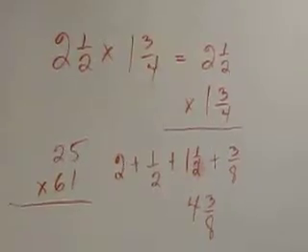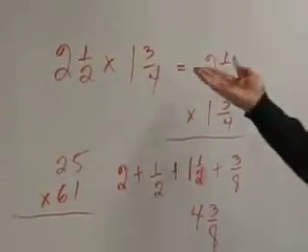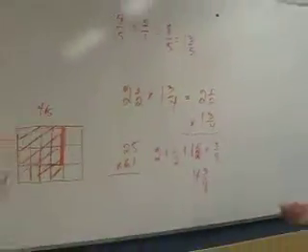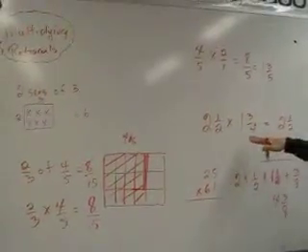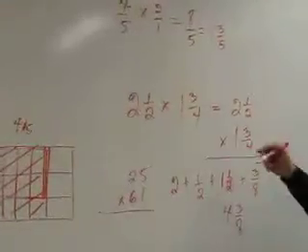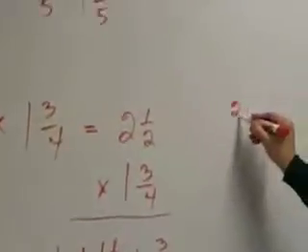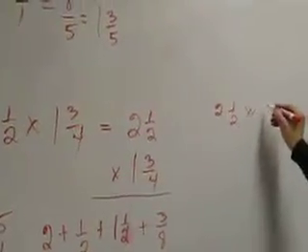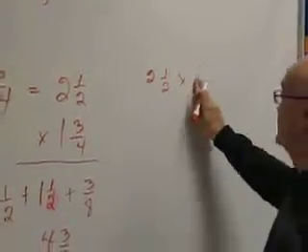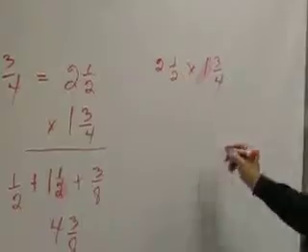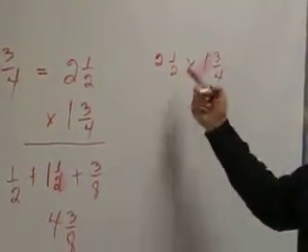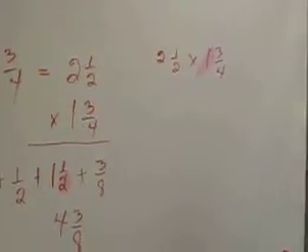Okay, so that's one method of multiplying rational numbers that happen to appear in mixed number form. Let's look at a second method of doing the same multiplication. I'm going to take 2.5 multiplied by 1 3/4, and I'm going to convert them to equivalent improper fractions.